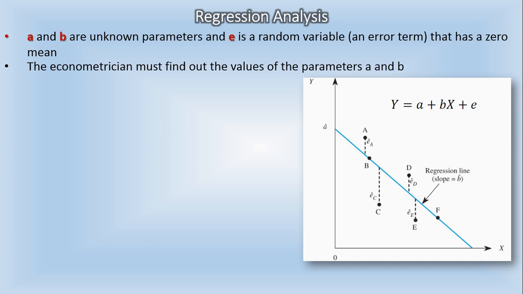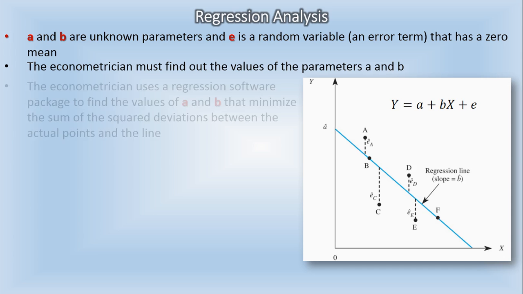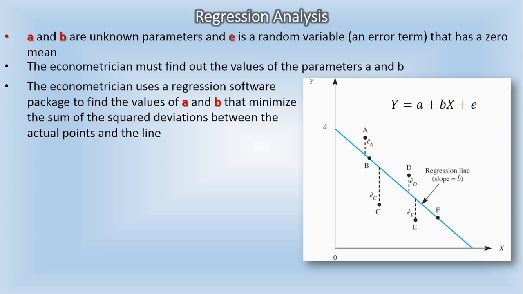So the econometrician has to find out the values for A and B. So we have to estimate these parameter values to give us the best estimate of that linear relationship that fits this data that floats around this imaginary line that we think exists there. So the econometrician uses a regression software package like Excel to find the values of A and B that minimize the sum of the squared deviations between the actual points and the line.